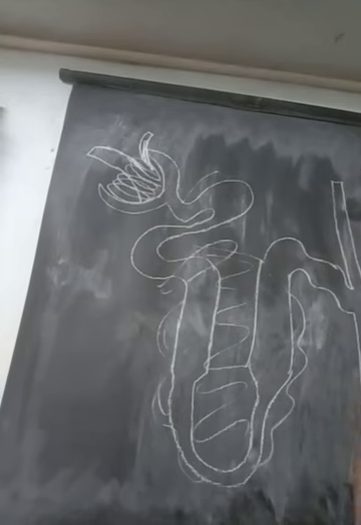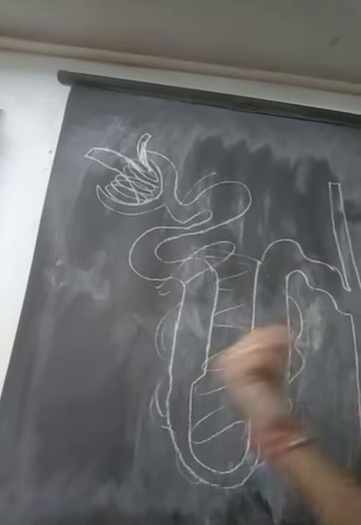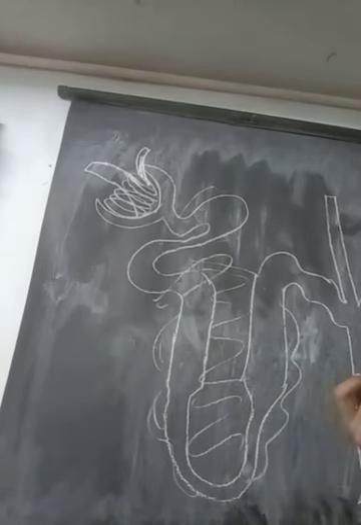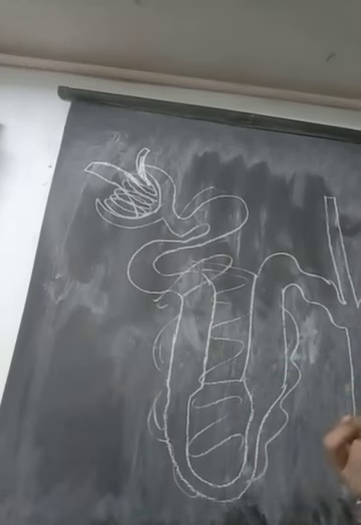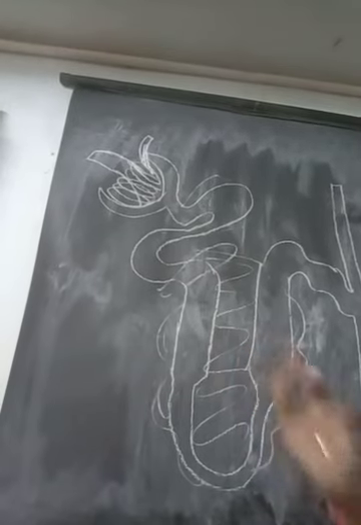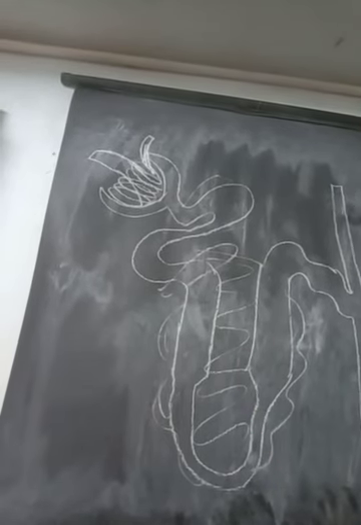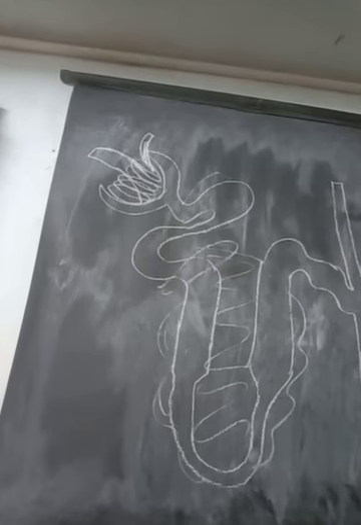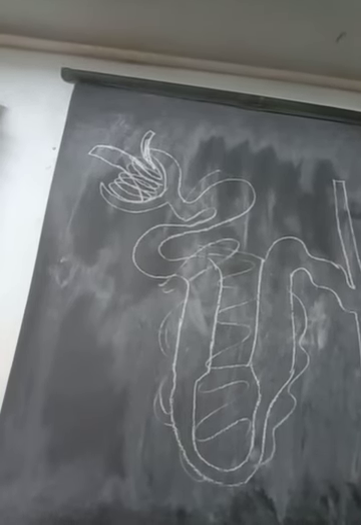If you take a small part of the tissue outside and observe it through the microscope, each nephron structure will appear like this.